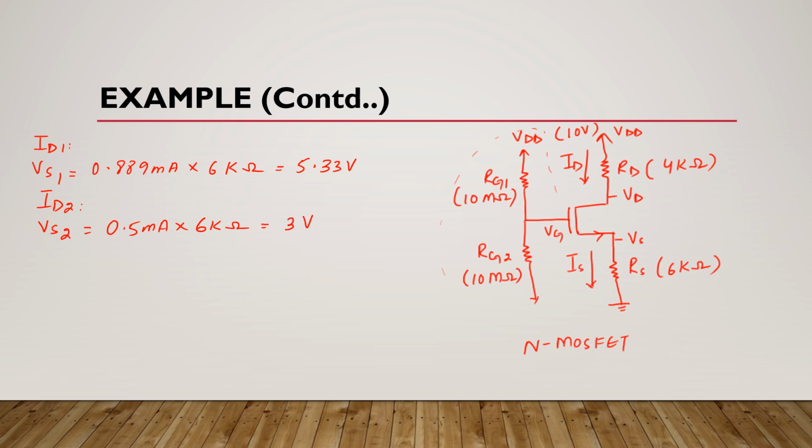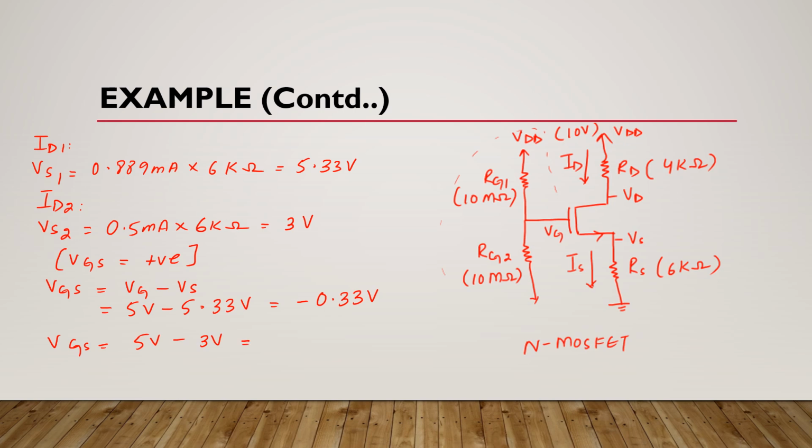Okay. Now we know that n-type MOSFET conducts when gate to source voltage is positive. We know that gate to source voltage is equal to gate voltage minus source voltage. Here we know that gate voltage is 5 volts. Now if the source voltage is 5.33 volts, then the answer will be minus 0.33 volts, and when this source voltage is 3 volts, then gate to source voltage will be 2 volts.